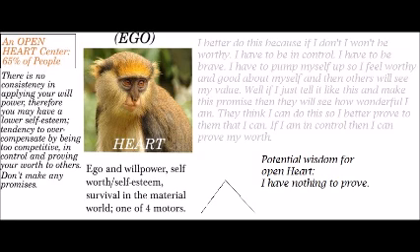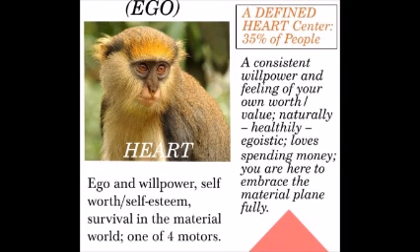So boundaries between these two centers relate to the defined ego person feeling secure and possibly appearing arrogant and not understanding, or perhaps putting down, someone with the undefined ego center.